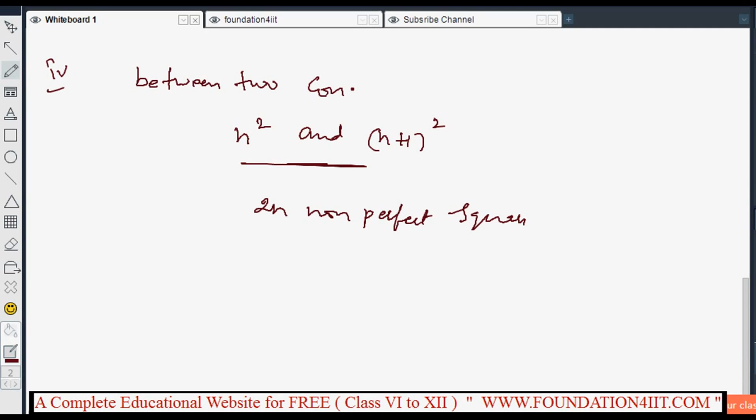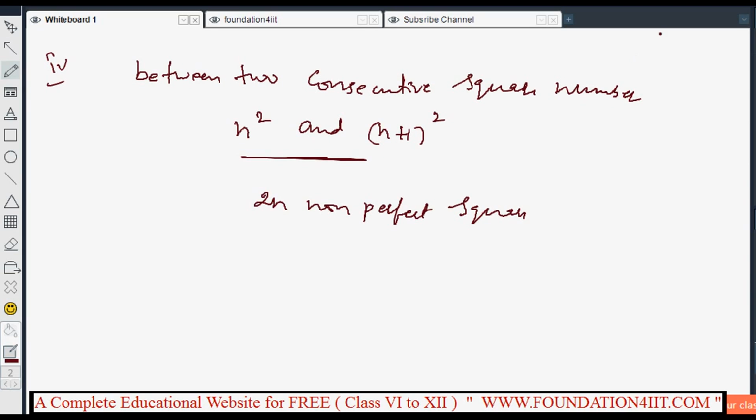Consecutive means just side by side numbers. So between any two consecutive square numbers, there are 2n non-perfect squares.